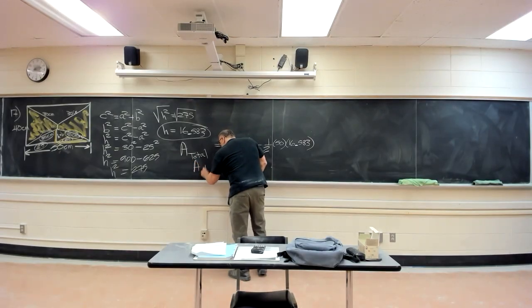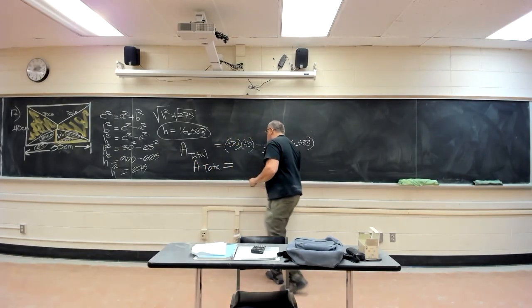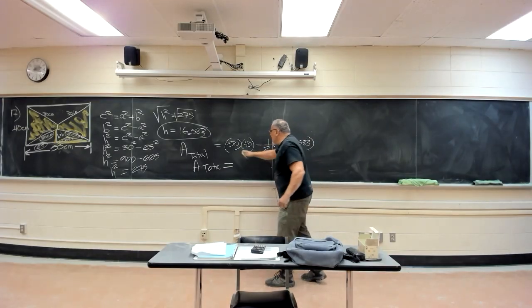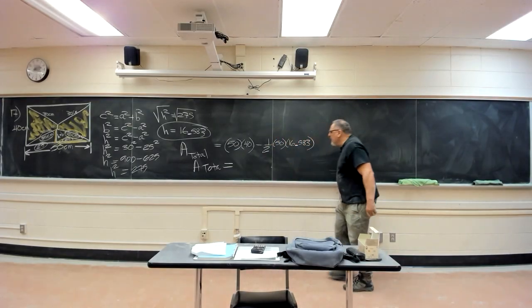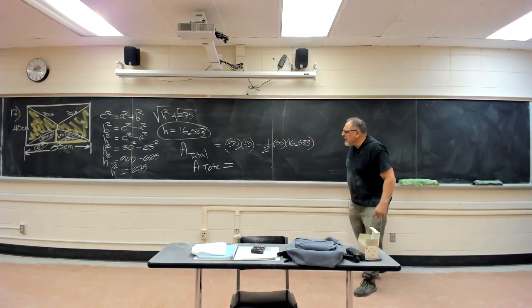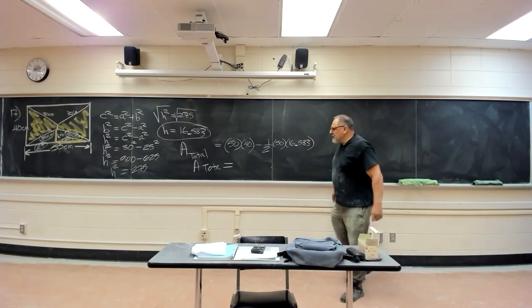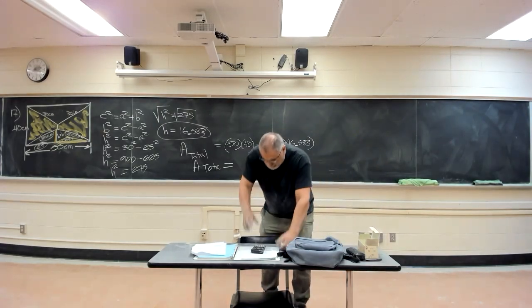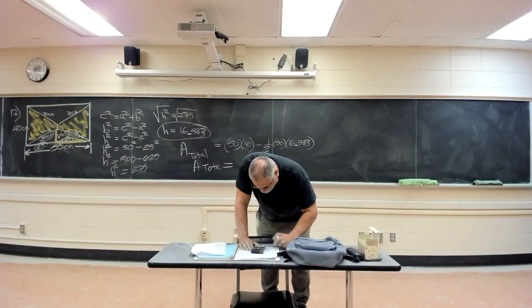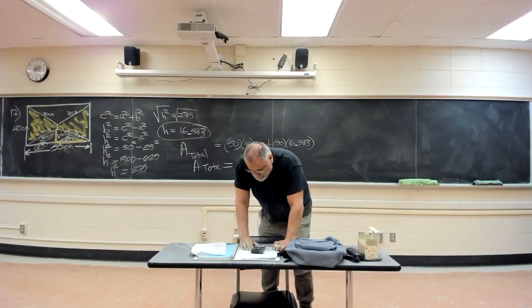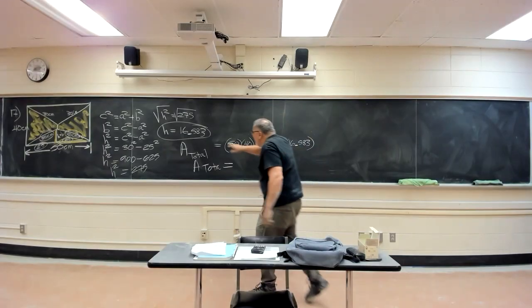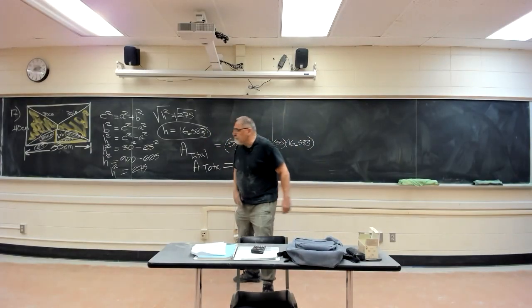So the total, well, let's see. There's a lot of places we can make a careless mistake here. This is going to be 2,000. This is going to be on the order of 415 or so. It's going to be 1,585. Ballpark answer. Let's see on the calculator.